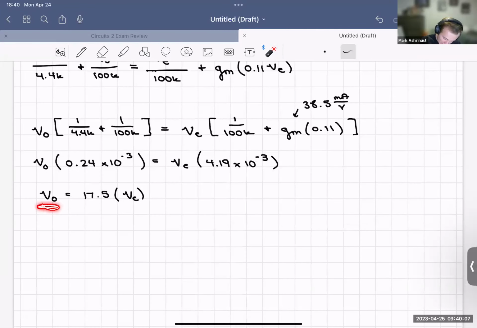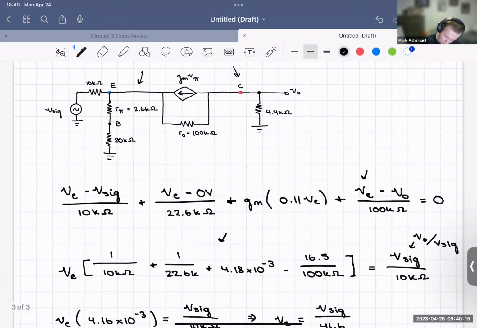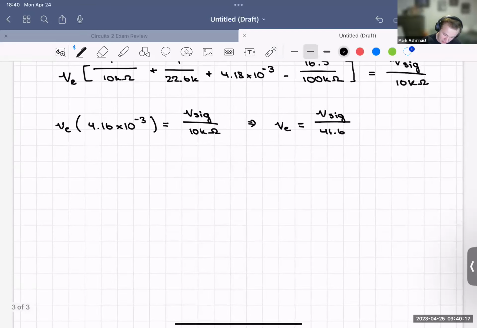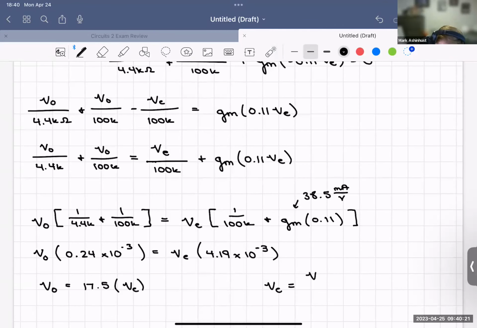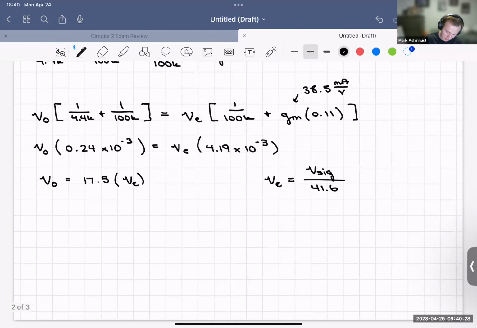Well, we have an equation that we wrote on the other page. We're saying V out is equal to 17.5 times VE. Well, we just said that VE is equal to V sig over 41.6. So if we plug it into this, we'll get V out in terms of constants and V sig, which will allow us to get the V out over V sig, which would be our gain.